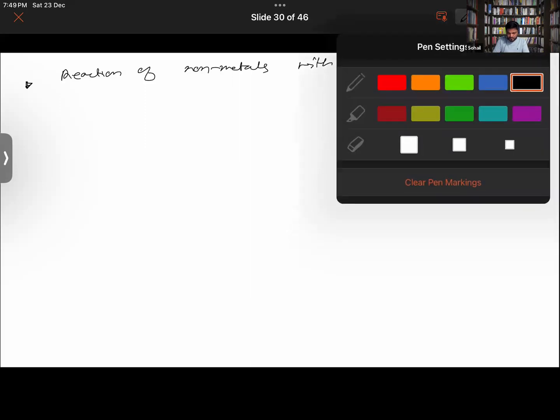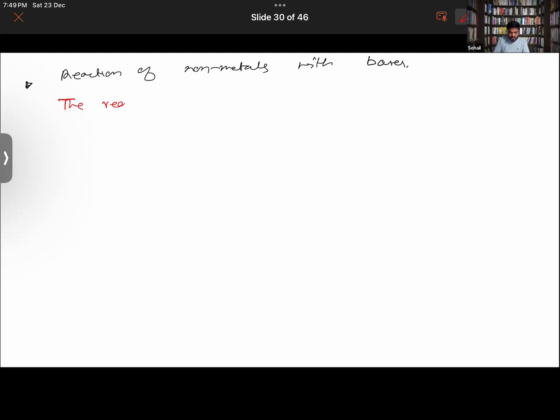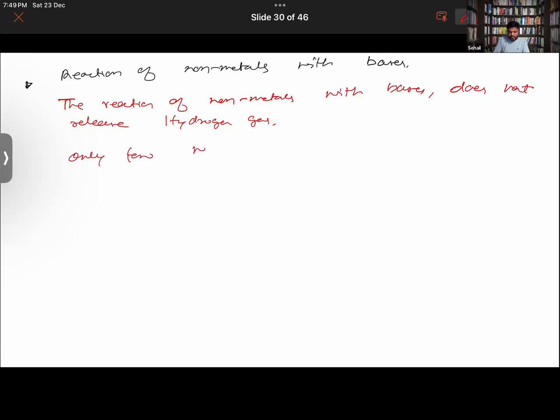The reaction of non-metals with bases does not release hydrogen gas. Only a few non-metals react with bases. Third thing, the reaction is complex.